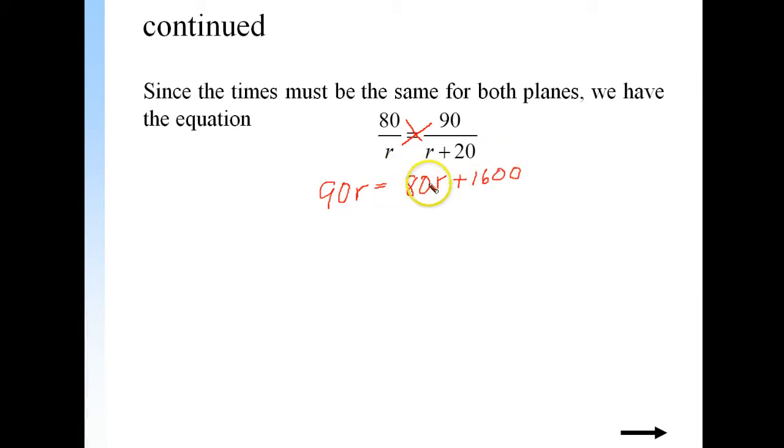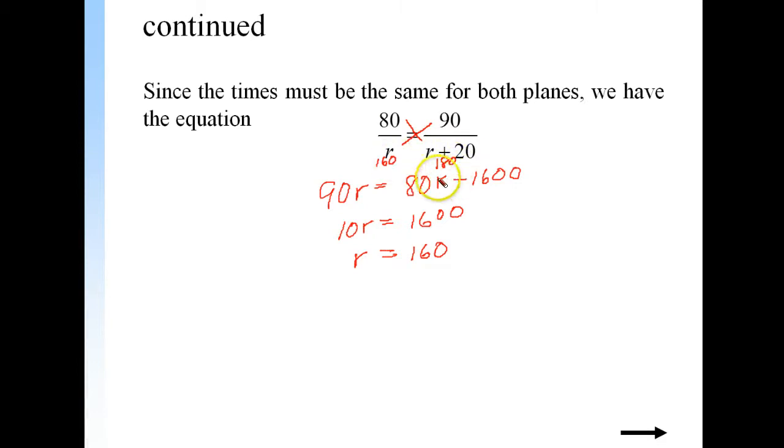Now we're going to solve for our rate. Subtract 80 from both sides. We get 10R equals 1600. Divide both sides by 10. R is 160. So what are the rates? Well, this one is 160, and the faster plane goes 180.